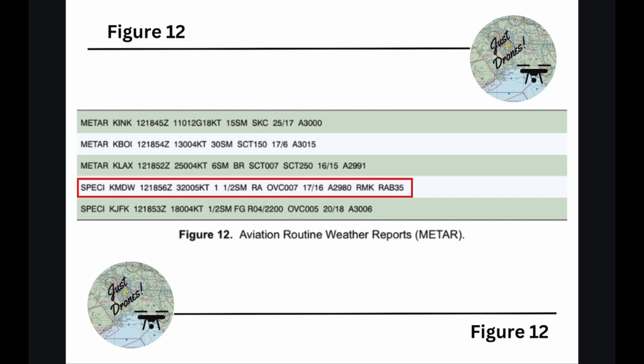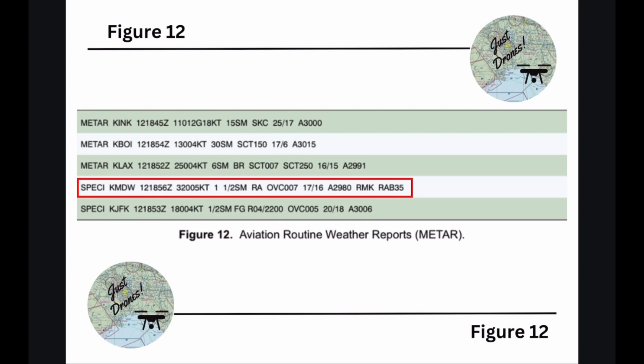OVC stands for overcast. And this tells me that at this airport, at KMDW, the cloud coverage is overcast at 700 feet. Now you might be looking at this and think, why would it be 700 feet? 7 is the very end, so wouldn't it be overcast at 7 feet?